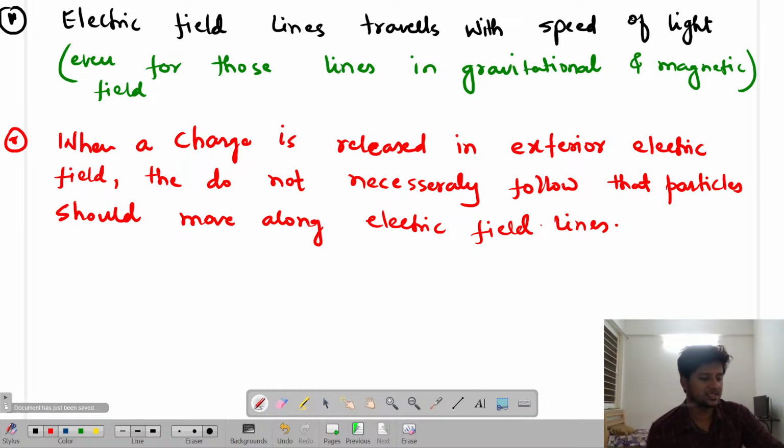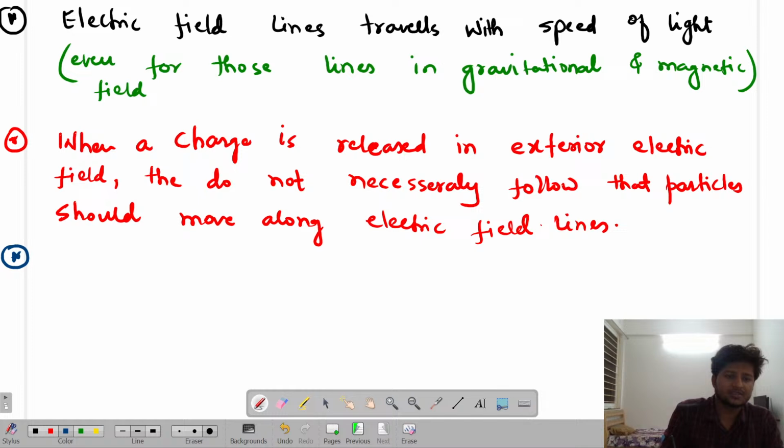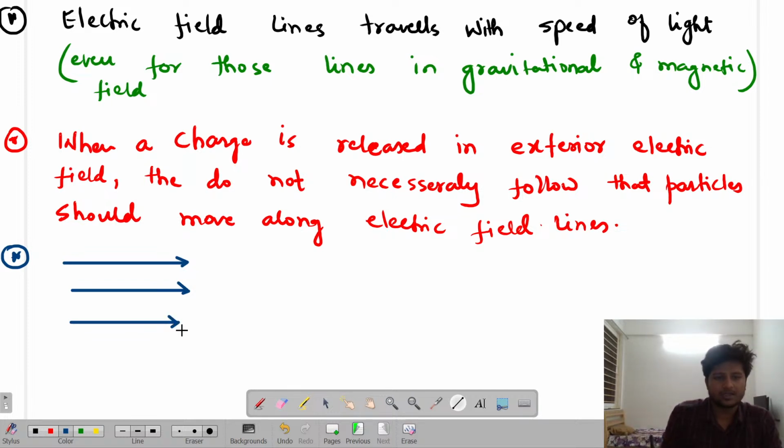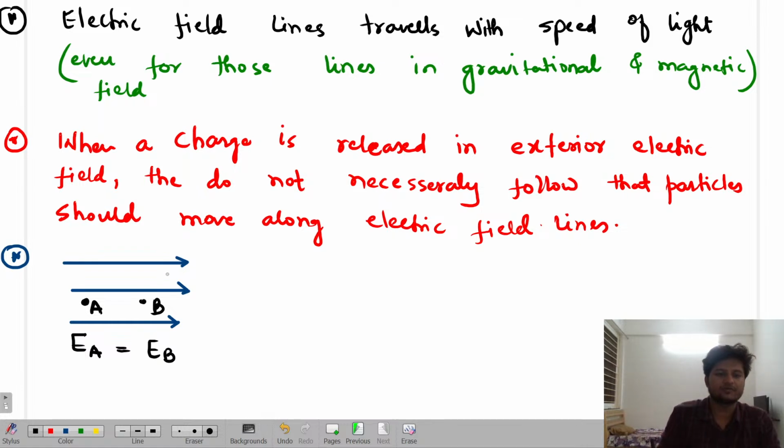Now the next point is how to categorize whether there is a uniform electric field. Whenever the electric field lines are parallel in nature, that means if I take any two random points A and B, then the electric field at A is exactly similar to the electric field at B. That means if the electric field lines are parallel, this represents a uniform electric field.